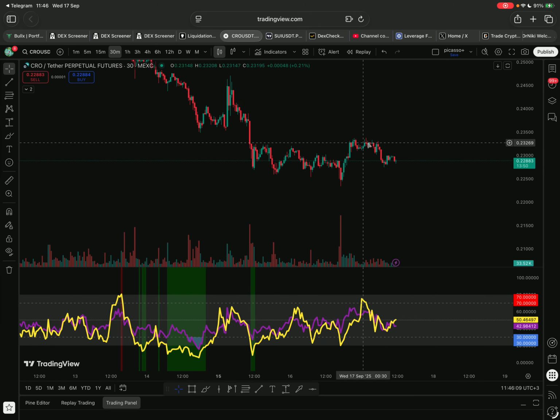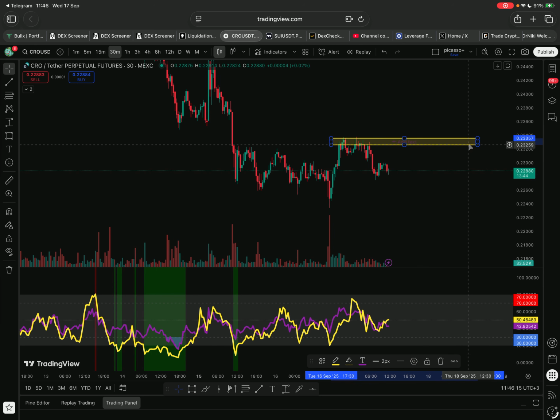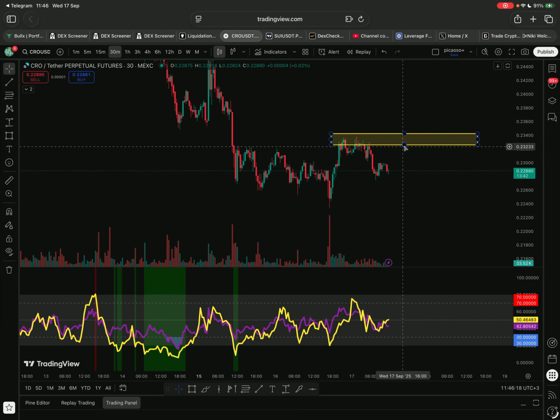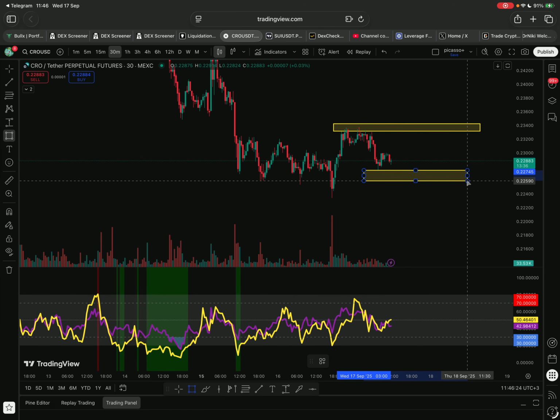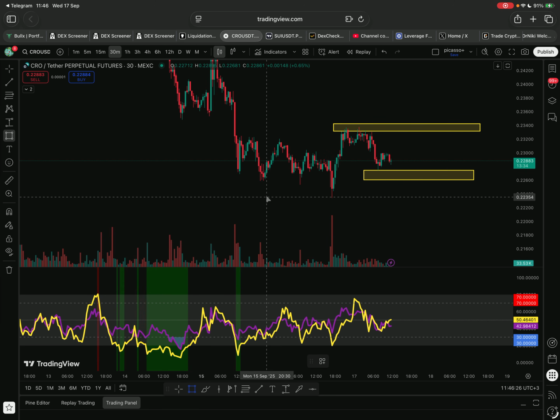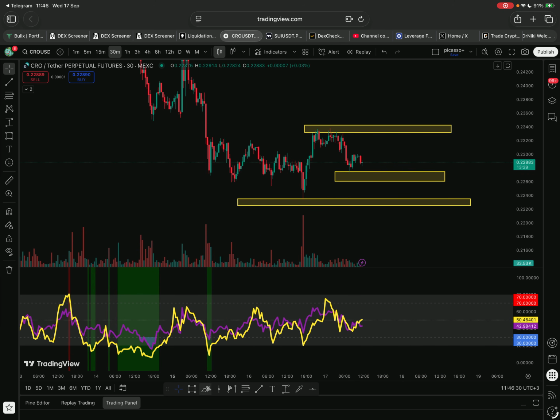We have a lot of liquidations here above these highs. Shorts have their stop losses here. So this level right here is where a lot of liquidations lie. And when it comes to longs, we have some liquidations right here and some liquidations right here. So both of these levels are pretty important.